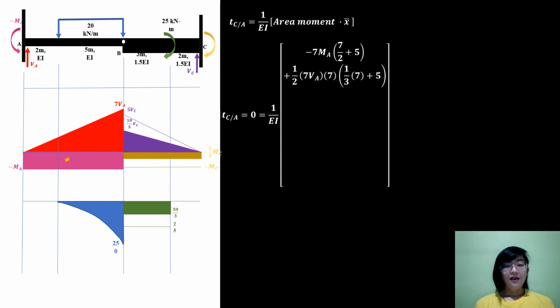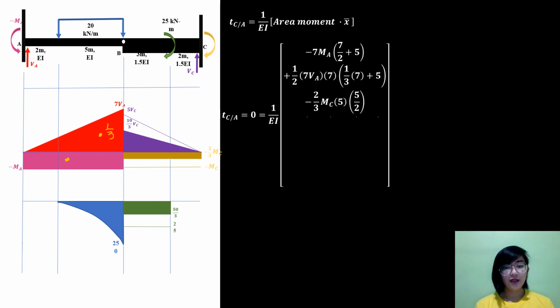Next is this one, tong triangle naman. So, ang centroid nito is, let's assume na nandito siya. So, this is 1/3, diba? So, 1/2 times 7 VA, yung height, times yung length, which is 7, times yung centroid nito, yung moment arm niya, yung centroid nito to the reference line, which is so 1/3 ng length, which is 7, plus yung 5. Ito, 5 to eh. Next is, itong MC naman.